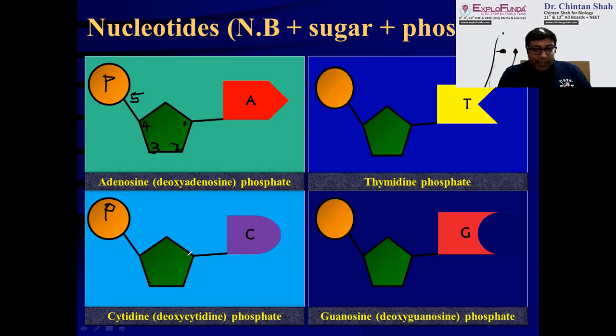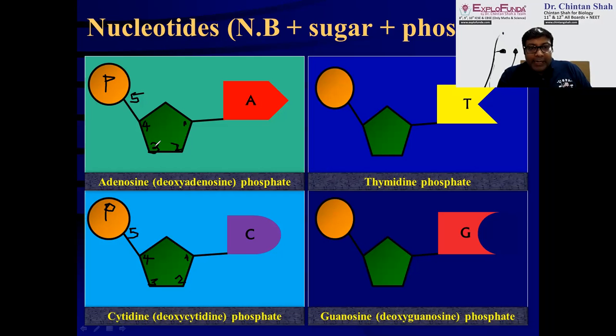So let me label the carbon numbers here also. 1, here is 2, here is 3, here is 4, and here is 5. So now you got it.